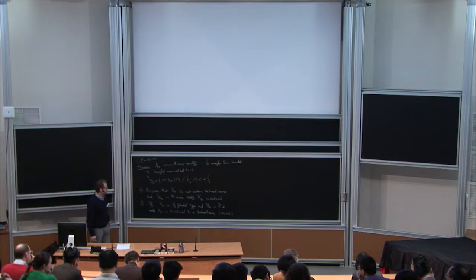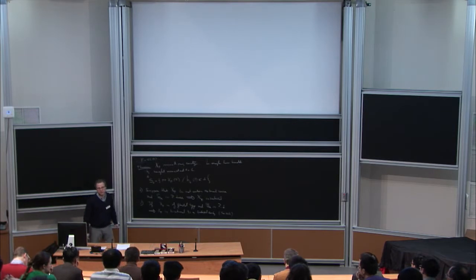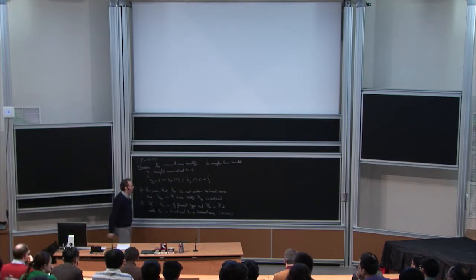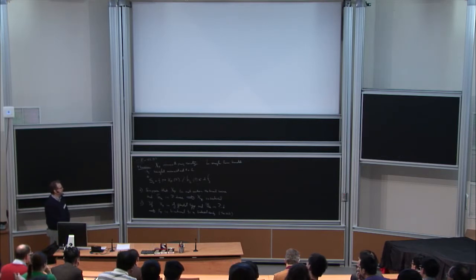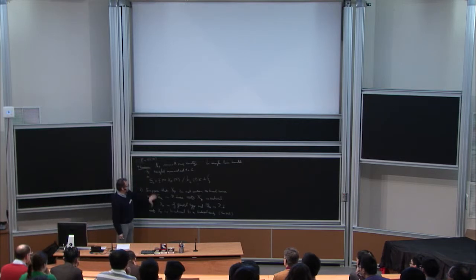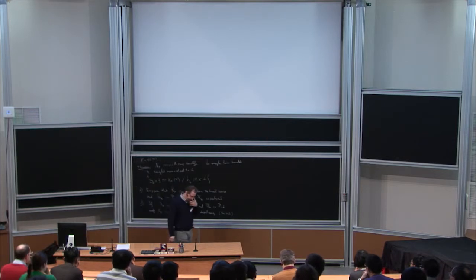I wanted to sketch the proof of this, but because this was part of the lecture of yesterday, I prefer to stay here. You can see this theorem is, to my knowledge, the best version of Northcott's theorem in the function field case.